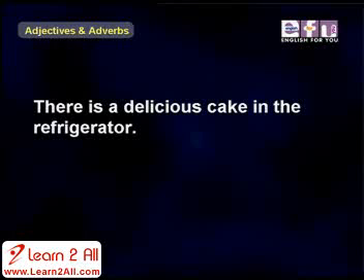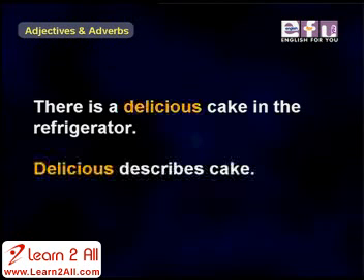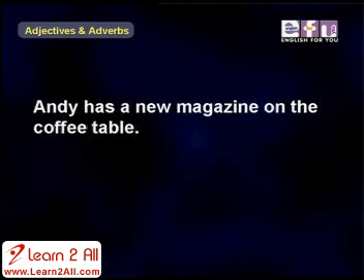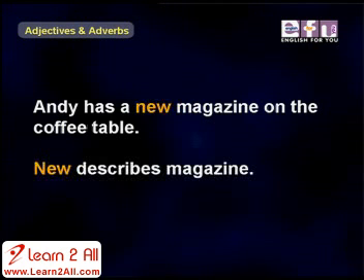There is a delicious cake in the refrigerator. Delicious describes cake. In this case, the adjective is before the noun. Next example. Andy has a new magazine on the coffee table. New describes magazine. And again, the adjective is before the noun.